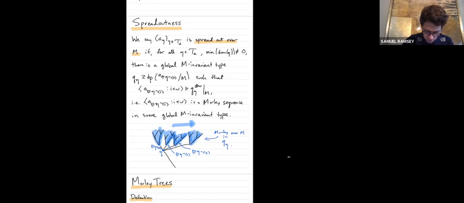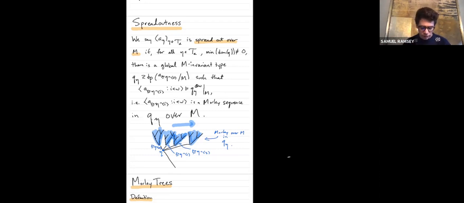It should say in Q eta over M. Of course, if I didn't have this Q eta, then I could have said that it's a Morley sequence in some global M-invariant type. That's the key thing. So if I take a node and I look at the sequence of cones above it, that's a Morley sequence in some global M-invariant type.